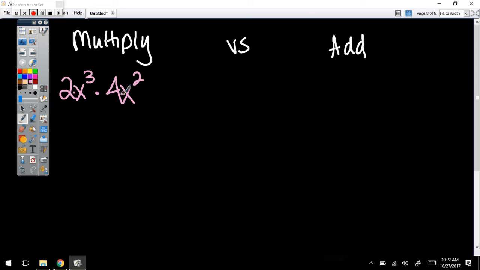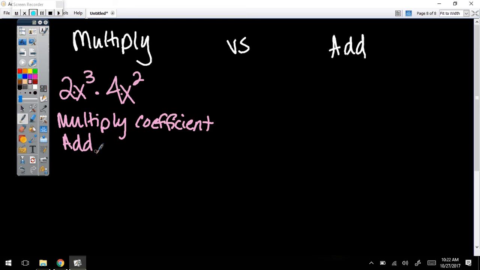This is the same thing we were doing with our properties of exponents. Okay, so we multiply the coefficients, not the base, because remember we leave the base alone. The base on these is x. But when you separate them, they're both bases. And we add the exponents. So it's 8x to the fifth. Exactly.